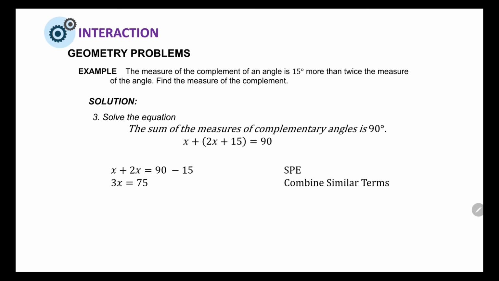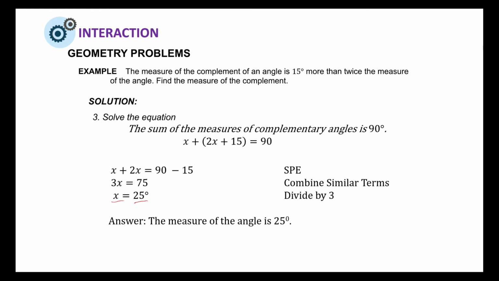Combine similar terms. x plus 2x is 3x and 90 minus 15 is 75. Divide both sides of the equation by 3. 3x divided by 3 is x and 75 divided by 3 is 25. Then, the measure of the angle is 25 degrees.